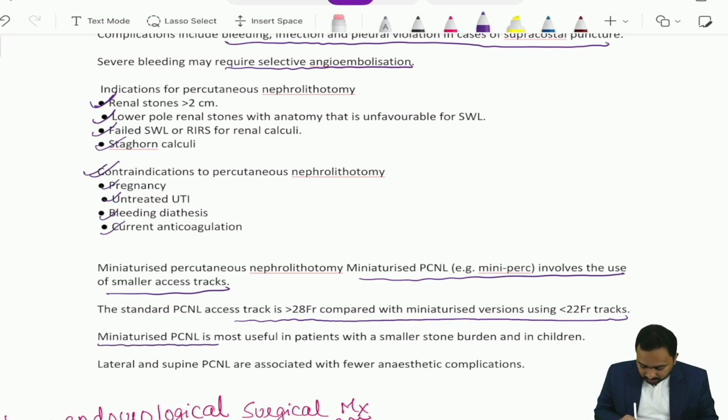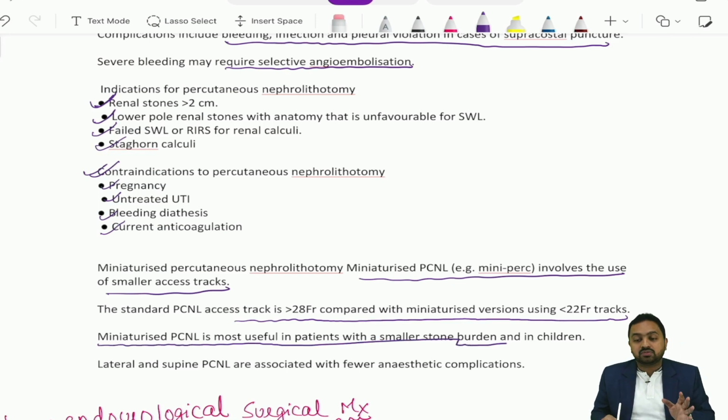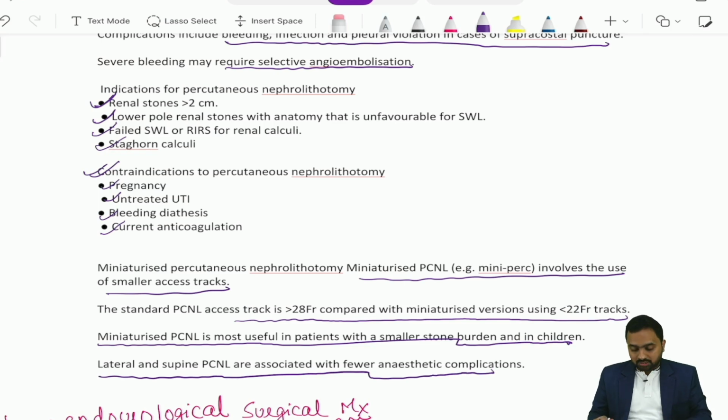Miniaturized PCNL is most useful in patients with a small stone burden and in children. The lateral and supine PCNL are associated with fewer anesthetic complications. So this was regarding your endourological management, where you need to remember the indications and contraindications of PCNL and when you would use RIRS and PCNL.